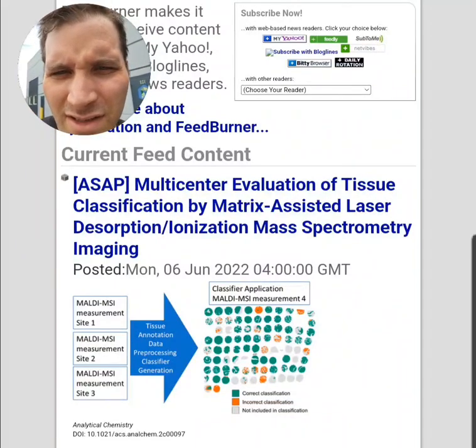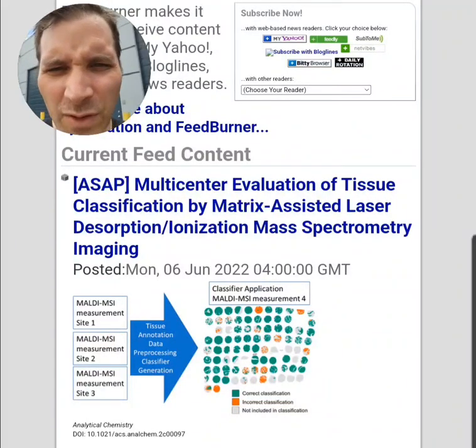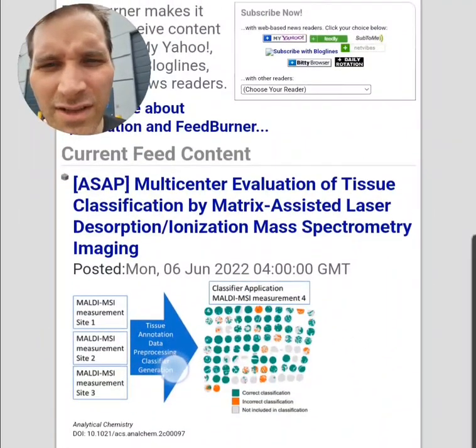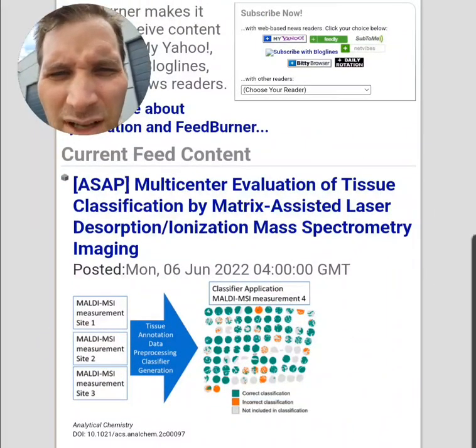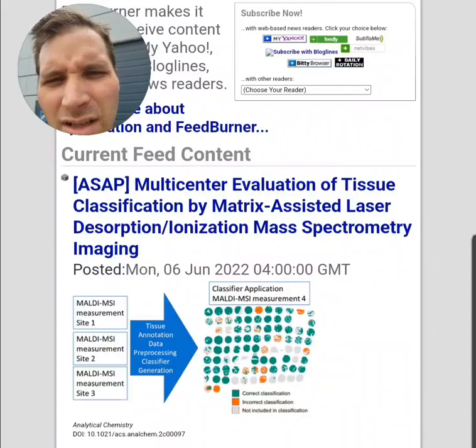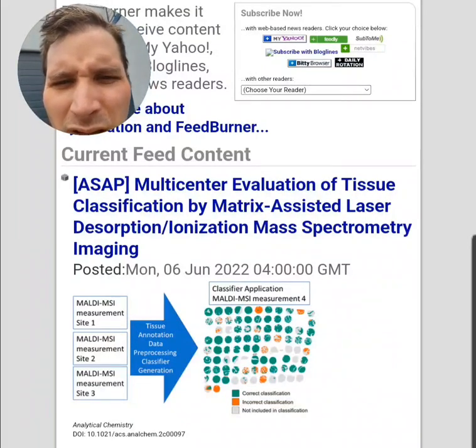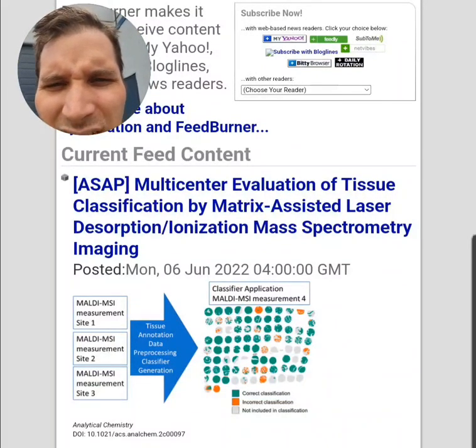So what we have here is this first paper. It looks very interesting. Multi-center evaluation of tissue classification by MALDI mass spec imaging. Aha, tissue classification.